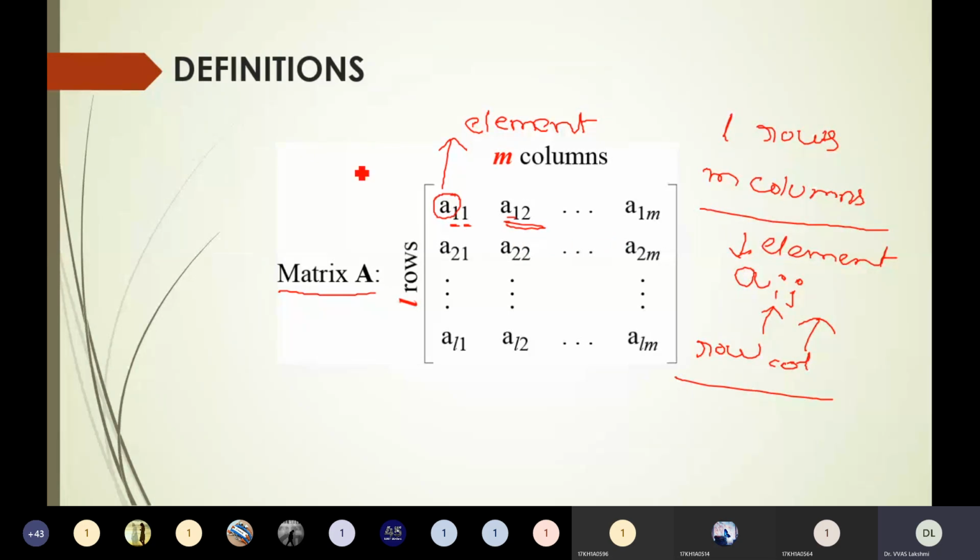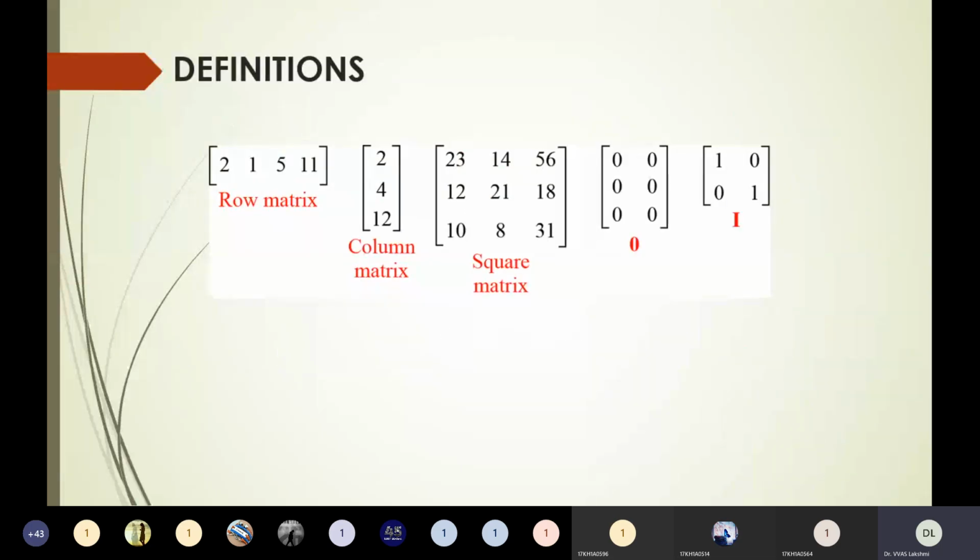A matrix is in rectangular form and contains m rows and n columns; m by n means m rows, n columns. That is the size of the matrix. Here this is the definition, and some types of matrices are, first, the row matrix. What is meant by a row matrix?